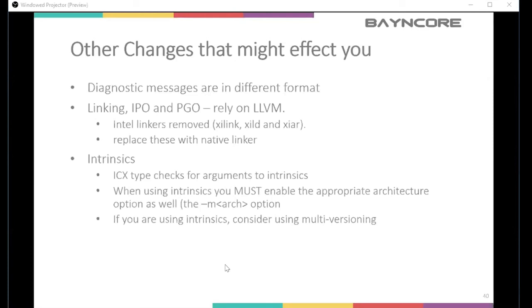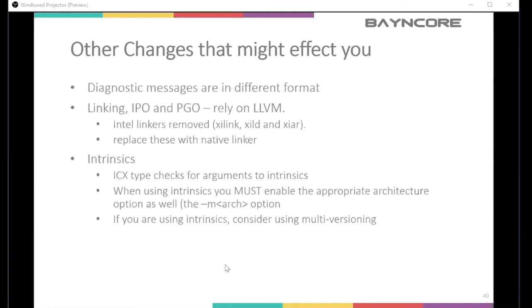So you must make sure you've got the right types when you're passing values into intrinsics. And also you must use the -m option to enable the right instruction set. So if you're using intrinsics that are AVX2 instructions, you must use -mavx2, for example.